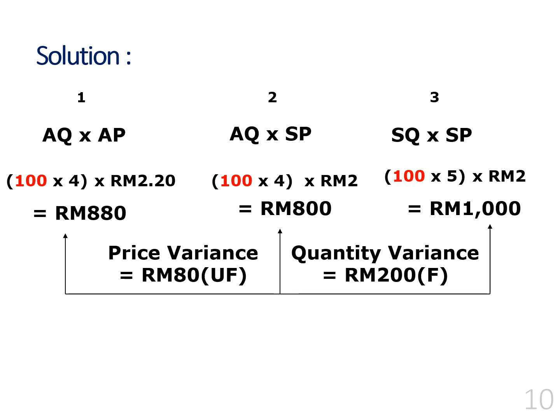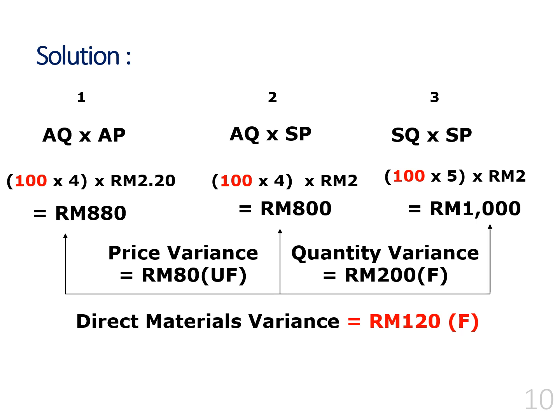Because the third group, that is the standard group, is bigger than the second group, so we get favorable. So for direct material variance, 80 unfavorable plus 200 favorable equals to RM 120 favorable.